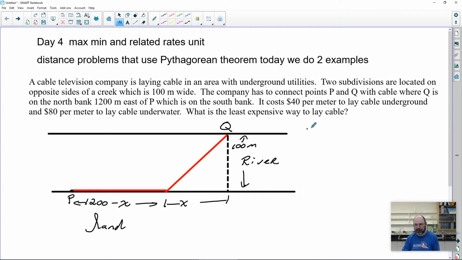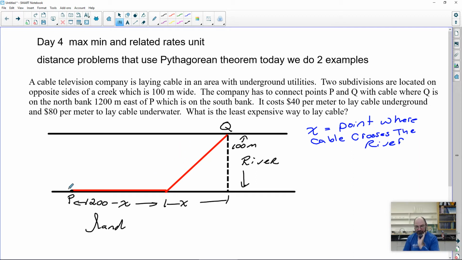Okay, so X equals the point where the cable crosses the river. And then we're going to get that cost and minimize it. Okay, so this is X and this is 1,200 minus X then. So it's the distance from point Q towards the west.